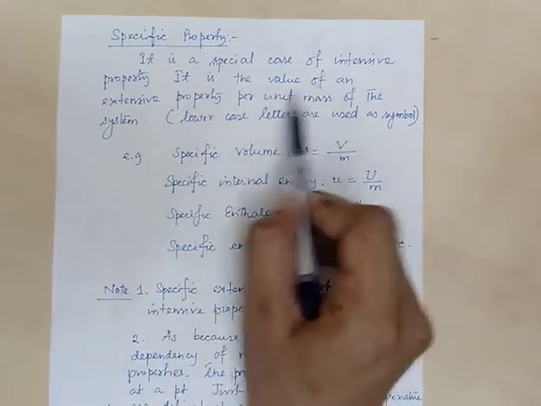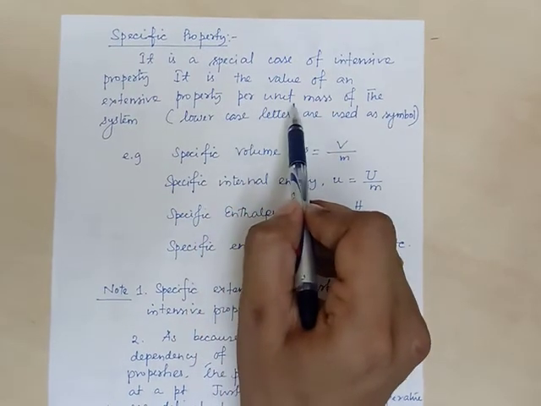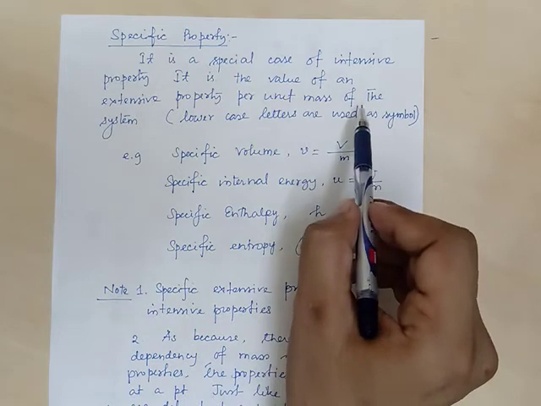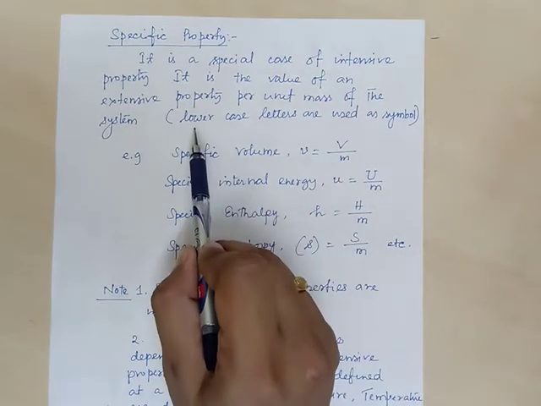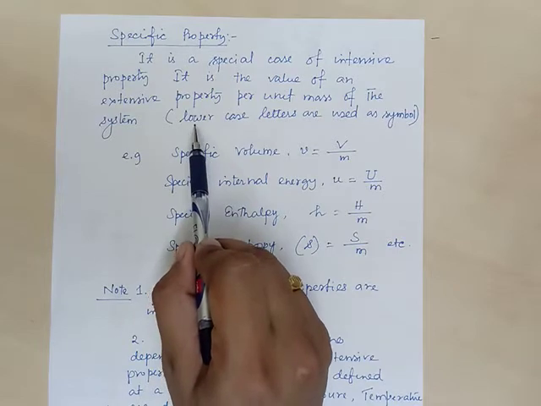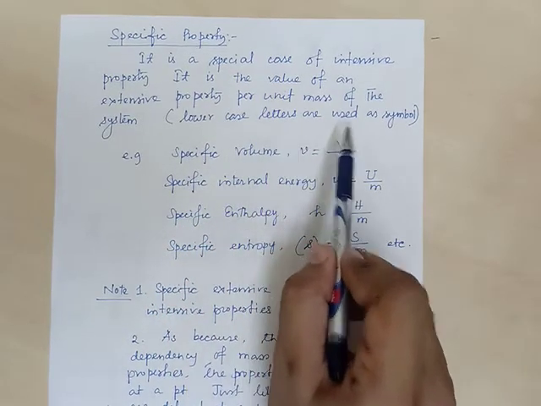It is the value of an extensive property per unit mass. For writing these specific properties, we will be using lowercase letters.